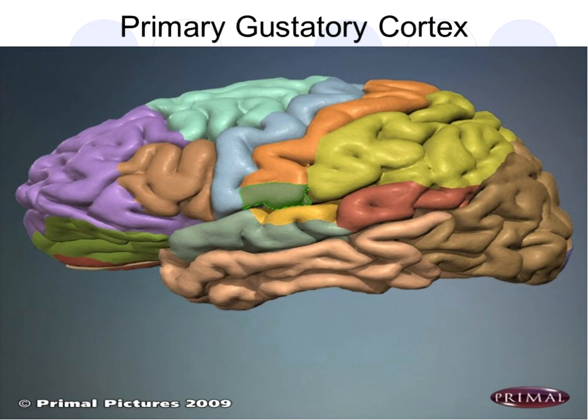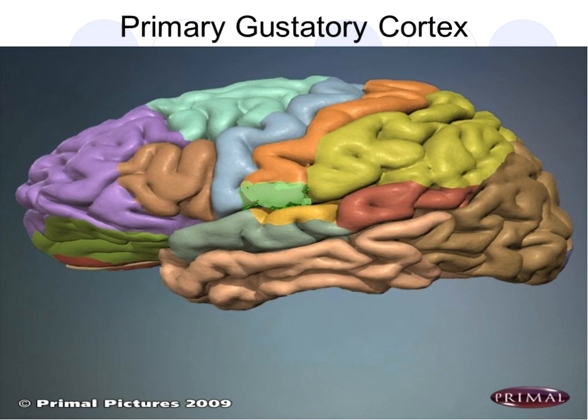Now, I also wanted to point out here, because the face is represented at the bottom of the post-central gyrus as well as at the bottom of the pre-central gyrus, then where you see this green down here, this is the primary gustatory cortex.